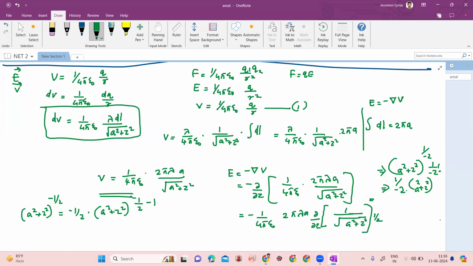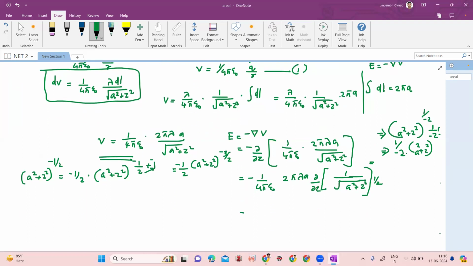Multiplying, we get minus 3 by 2 into a square plus z square all raised to minus 3 by 2. You can write it in the denominator as a square plus z square raised to 3 by 2.